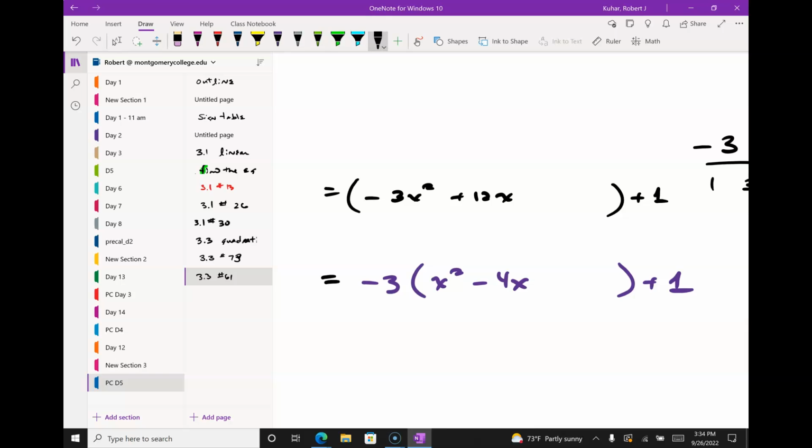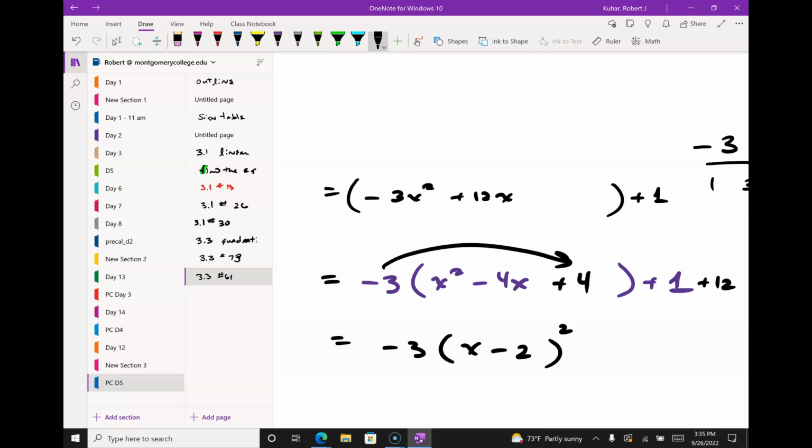I see k already, yes? Negative 4, yeah? Half of it is negative 2, square it, 4. But I've really subtracted 12 here, so I want to add 12. I'm always going to get x minus half of k, squared, and there's my factored version.